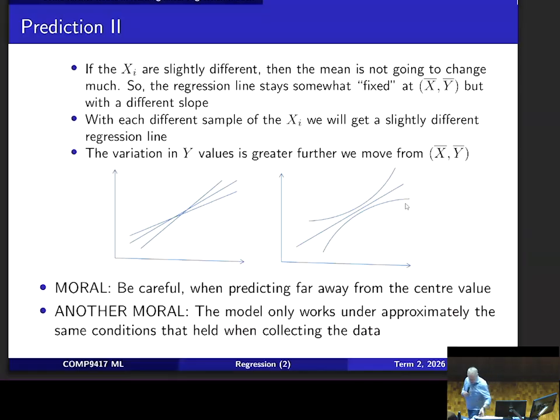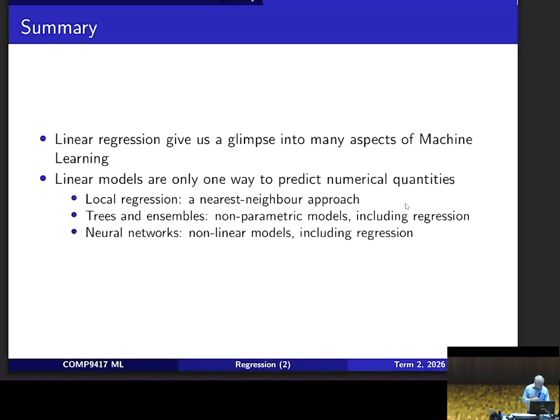And the second thing to be aware of is something that we did mention at the start, which is that we have this inductive hypothesis that this will generalize well as long as pretty much the same data conditions hold that applied to your training data. And if that's not the case, then generalization is more difficult.